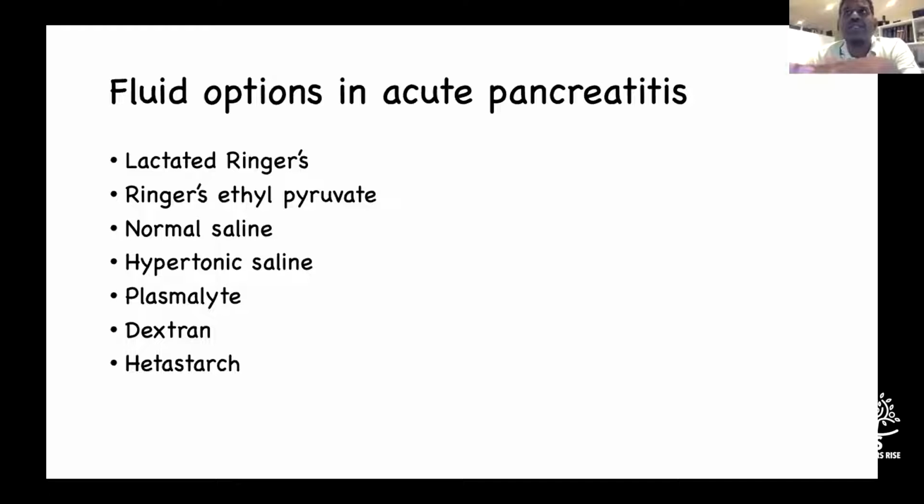Lactate gets converted into pyruvate, and then it cuts down the cellular acidosis because of the production of bicarbonate. Ethyl pyruvate is a novel resuscitation fluid which has replaced the lactate in lactated Ringer's with a stable form of pyruvate. It is a potent antioxidant, it can downregulate inflammation, and it can improve survival in experimental animals with acute necrotizing pancreatitis.